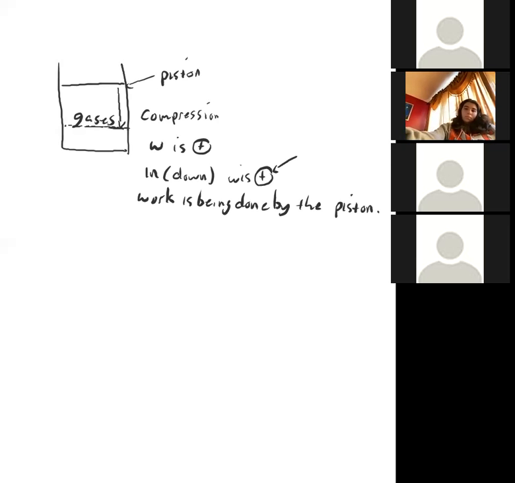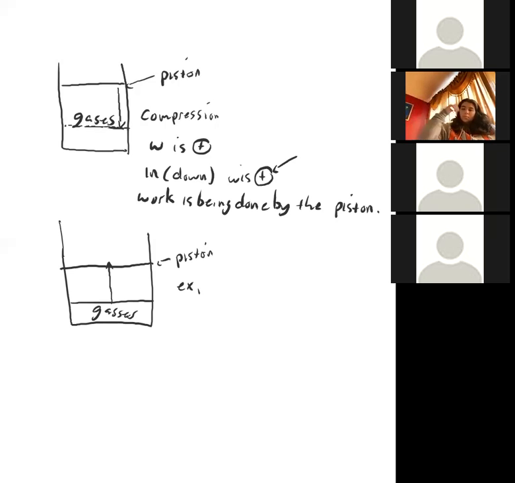The opposite is, here's your gases. It's expanding. So this is called expand. There's the piston. This is called expansion. And there we would say it's going out or up, and W is negative.